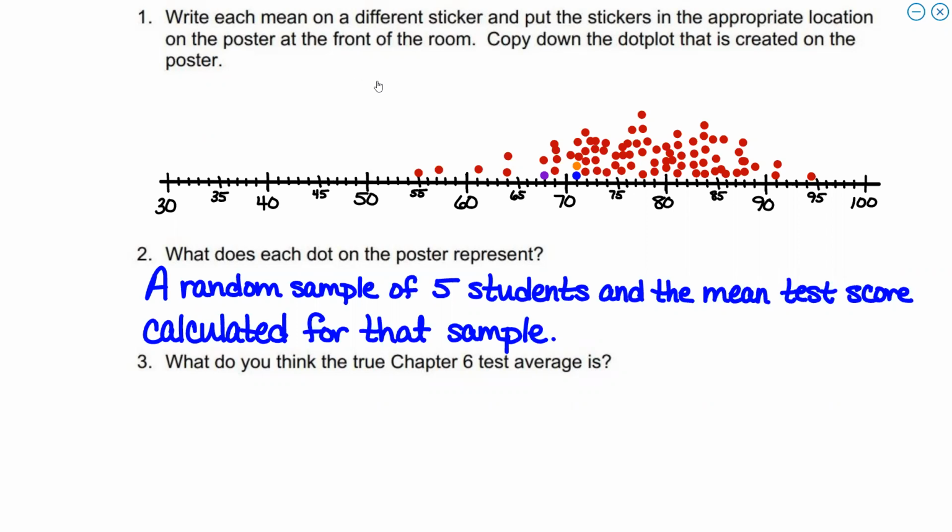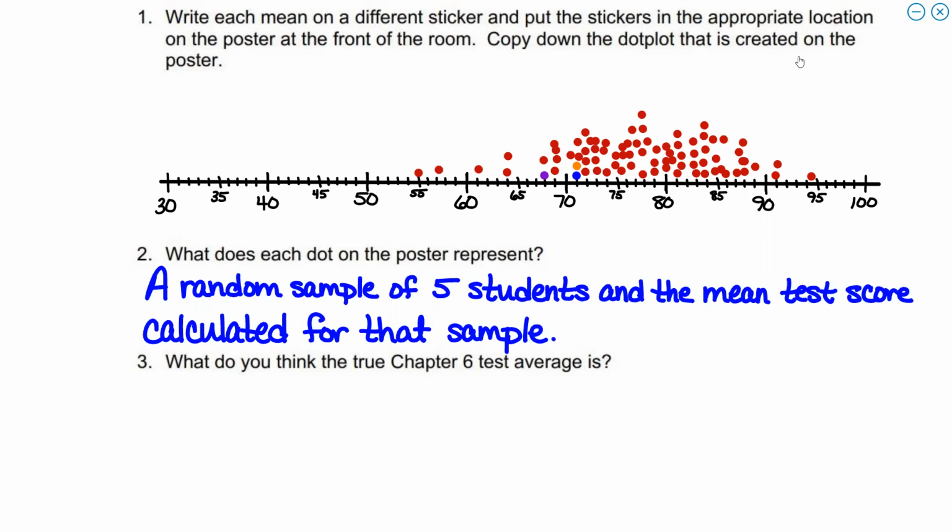This is our simulated sampling distribution of X bar.